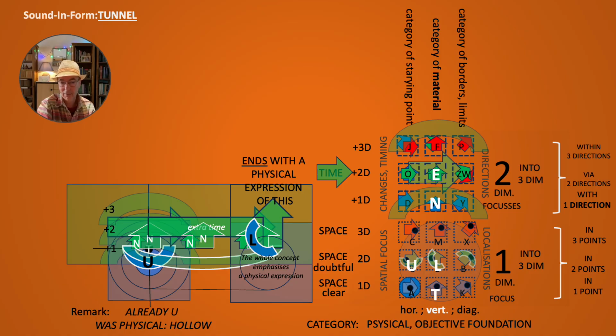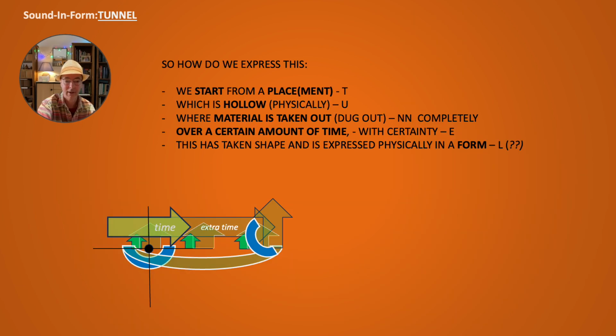So of course this first physicality where we started from should be clear, and all these things that happened in physicality, just like the material that was taken out, should be clear. The whole concept of this word, which ends with L, should express the physicality. So how shall we express this whole thing? Without the helping frames, we already have the elements, the separate elements. And what are the separate elements?